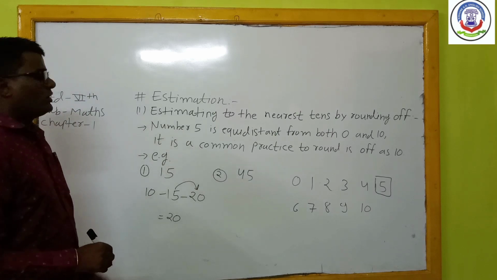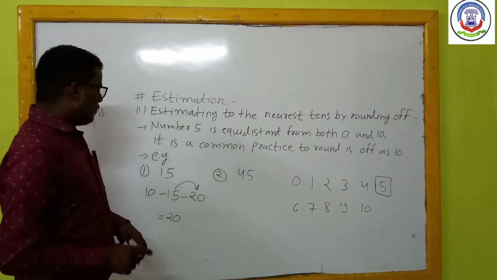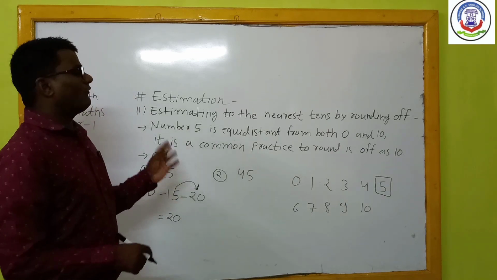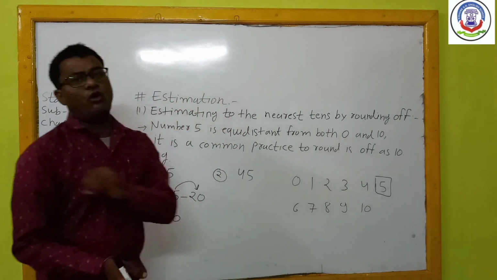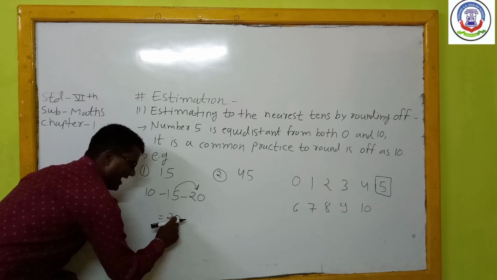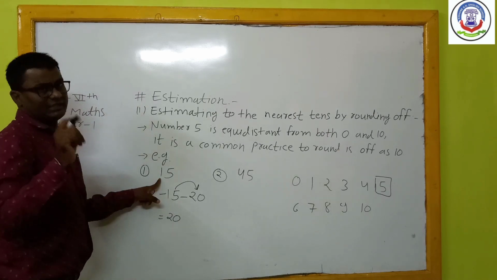Remember this thing, always: when the ones digit of any number is 5, we will round it off as 10. Means what? We will put 0 in place of 5 and add 1 to the tens place digit.